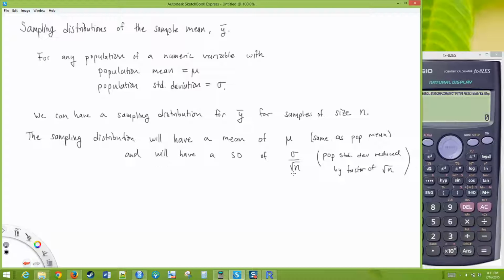Okay, and it makes sense that n is in the denominator, because if you think about it, if I take samples of 1,000 people rather than samples of 10 people, then it becomes even more unlikely for the mean of the 1,000 people to be significantly different from the population mean. Okay, so it might be a little bit surprising to draw an individual with maybe an IQ of 120.